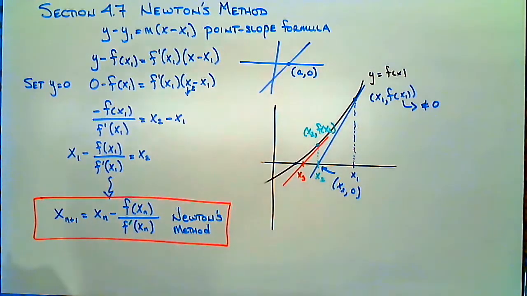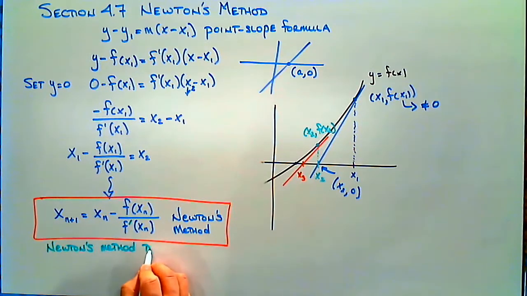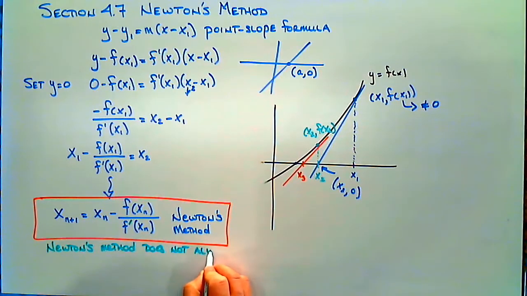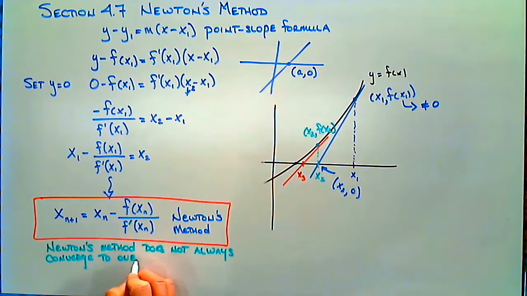This one's a little quicker. All right, so how does Newton's method work? And let's start with, first of all, does it always work? And the answer to that is no. Newton's method does not always converge to R. Now I know what you're thinking.